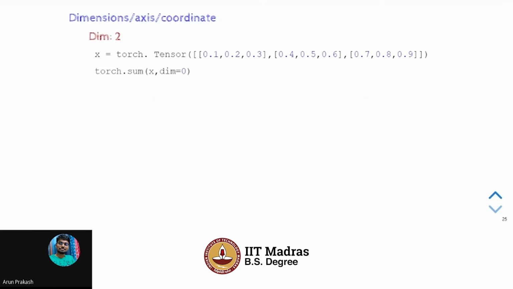So when you deal with a multi-dimensional array, you have to ensure that you are not just blindly putting dim equals 0, dim equals 1, dim equals 2 and seeing what you get, but ensuring that the returned array is what you expected.